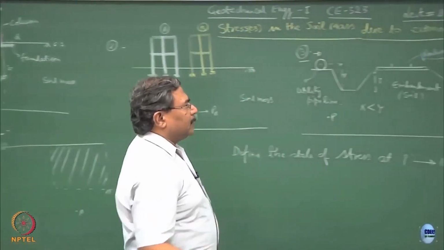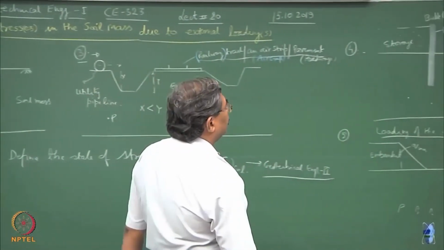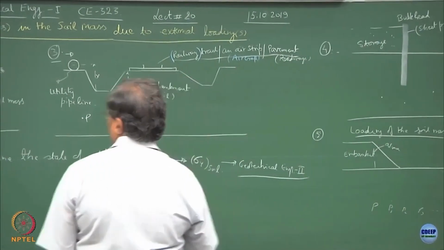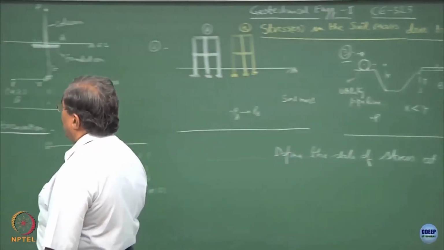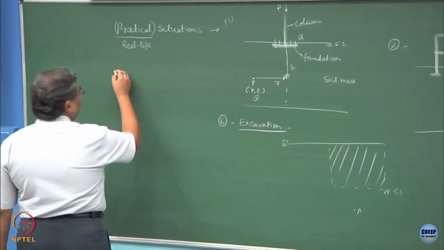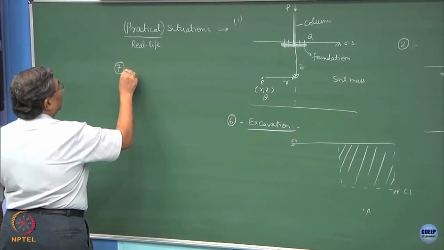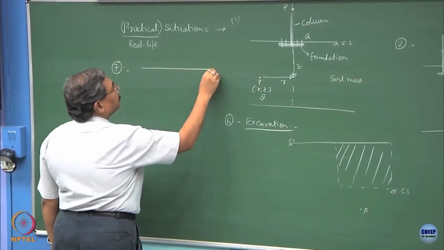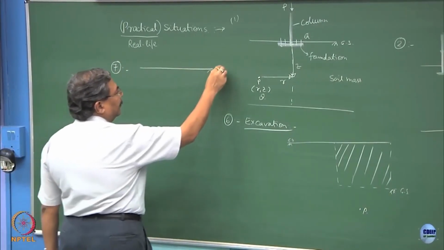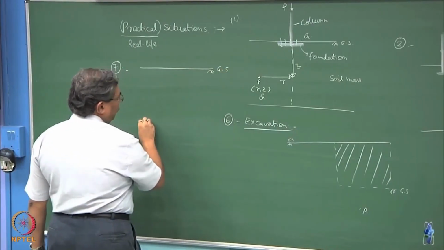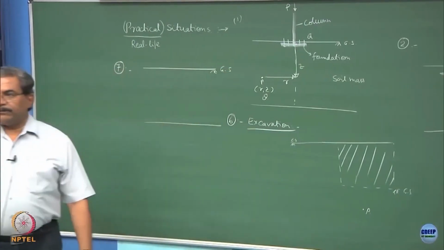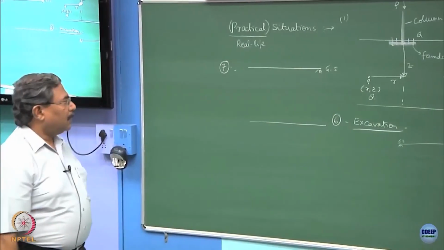You may think of any other situation which you think is practical. I may create a situation like this also. Suppose if I do, let us say, a detonation of an explosive, alright.